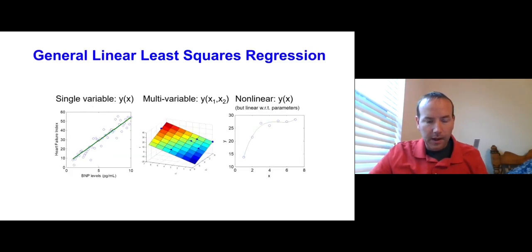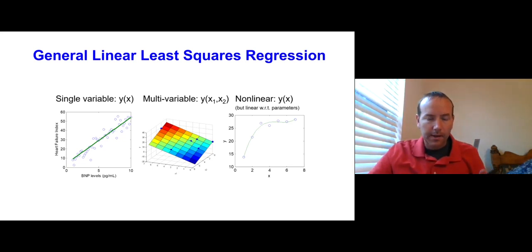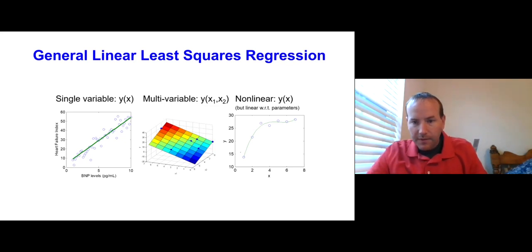And so using these forms, we found that we could use linear regression to fit lines through data, but we could use general linear least squares, a broader matrix-based version of that, to fit surfaces to points in three-dimensional space, or even fit polynomials that are nonlinear with respect to x, but linear with respect to the parameters.